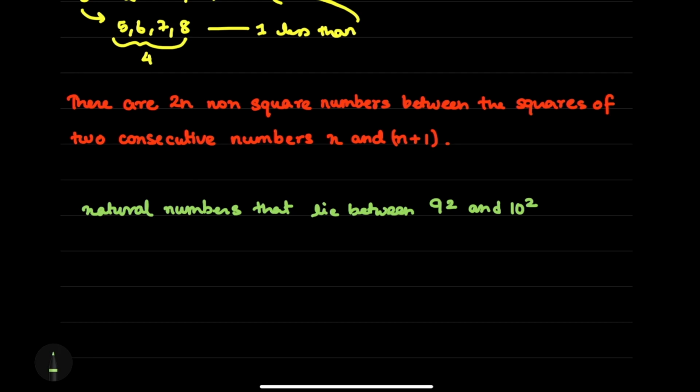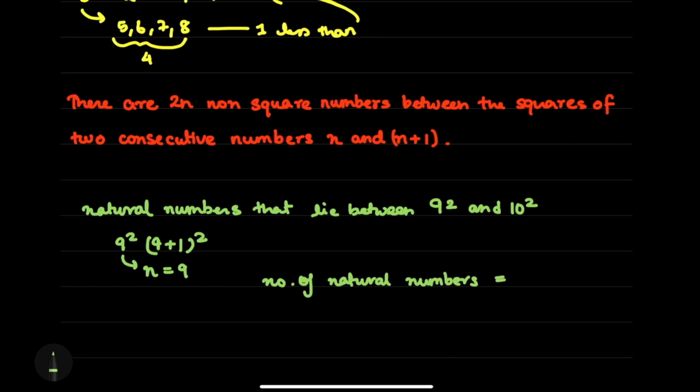For this we can apply the statement above, where we have 9 square and 9 plus 1 whole square, and therefore n is equal to 9. And from the statement above we have the number of natural numbers as 2n, which is equal to 2 into 9, or 18.